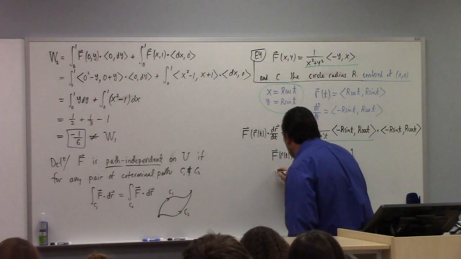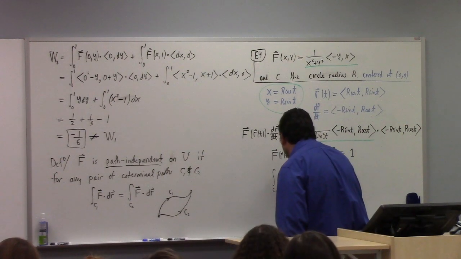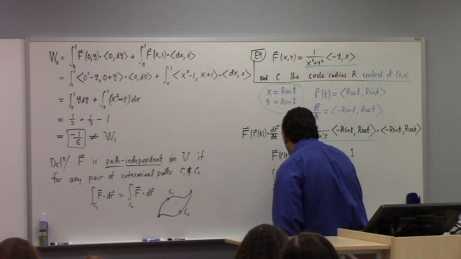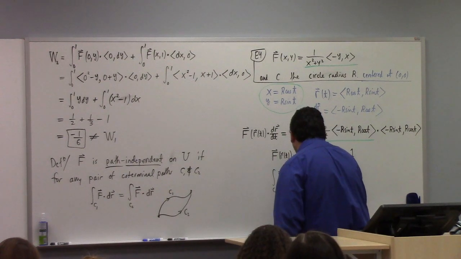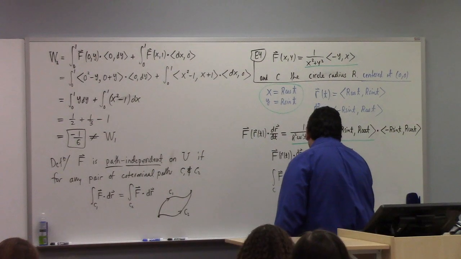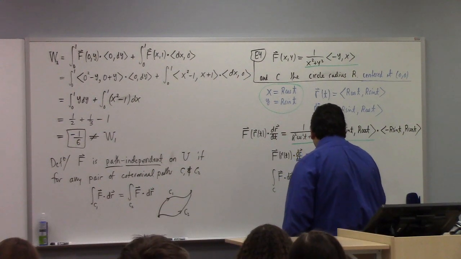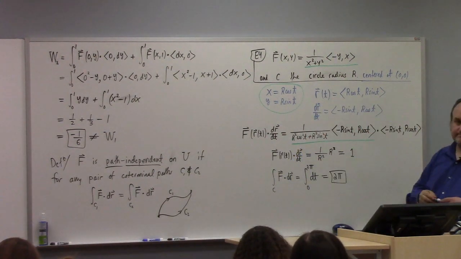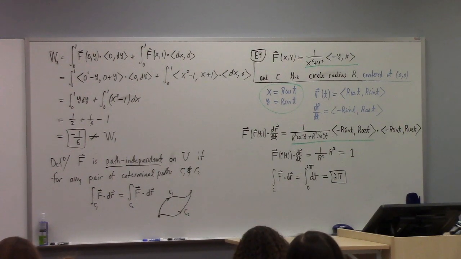So to calculate the work done by this one around the unit circle, we have to do what? We just have to integrate from 0 to 2 pi dt. So the answer is 2 pi. I did all the work simplifying the integrand before I wrote the integral.